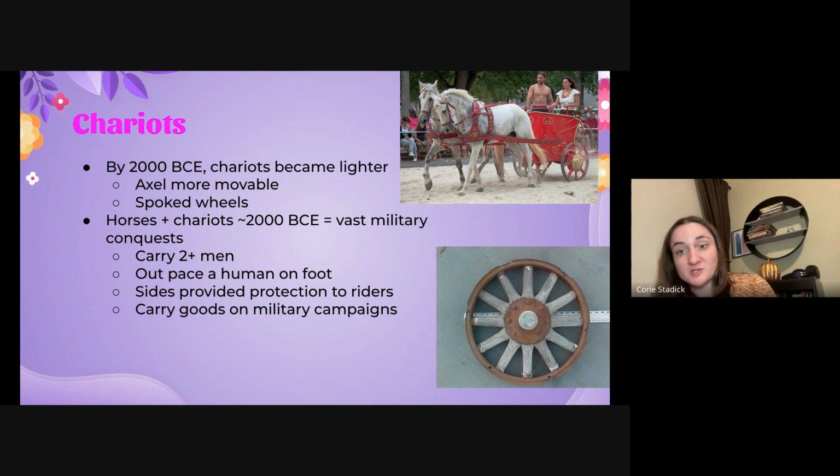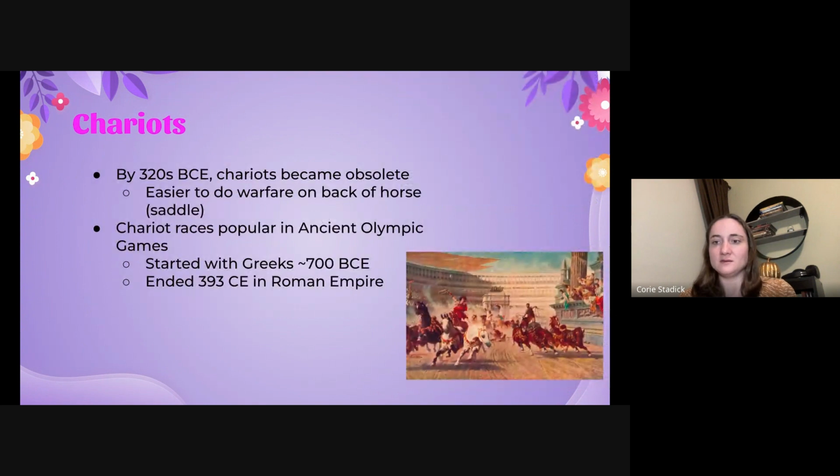The sides would also protect the rider from anybody trying to stab or slash them. And it was also really important to carry goods on military campaigns. So it could carry medicine, food, and weapons, the stuff that you need that doesn't kill people.